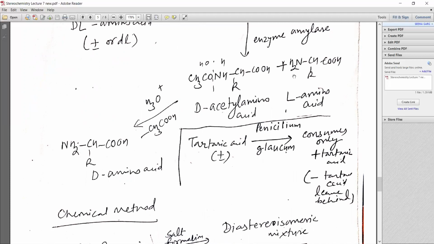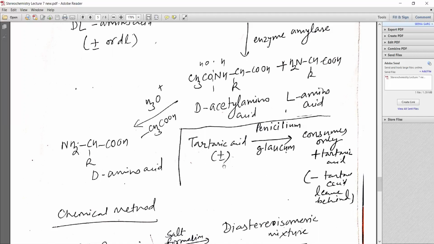So here the levorotatory amino acid is separated, and D-acetyl amino acid is further hydrolyzed to give the dextrorotatory amino acid. In this way, we can separate this racemic mixture of amino acid. So here we are using biological and chemical techniques, so it is known as the biochemical method.